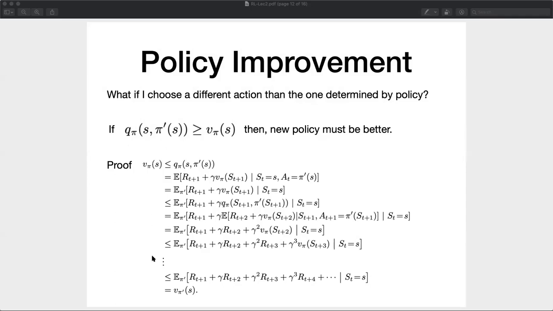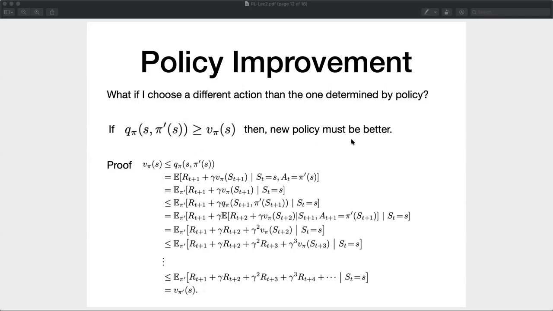You can go through the proof in the book for this rarefied case, but you could show that if the value you get following the new policy is bigger than the value of the current policy for all states, then the value of the new policy is bigger than the value of the old policy.